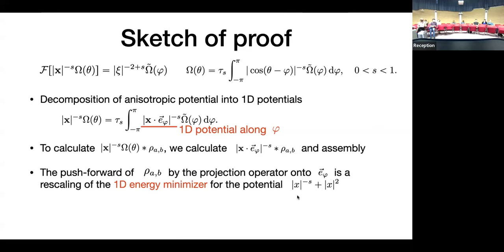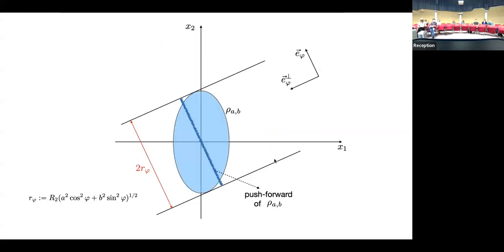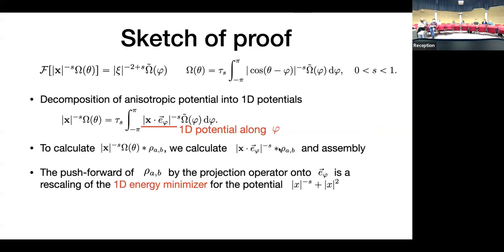So if you view everything just in the direction of E phi, if you pair this little x to the minus s with some proper quadratic potential in the same direction, then you get exactly what happens for an energy minimizer. That is constant in between and larger outside.